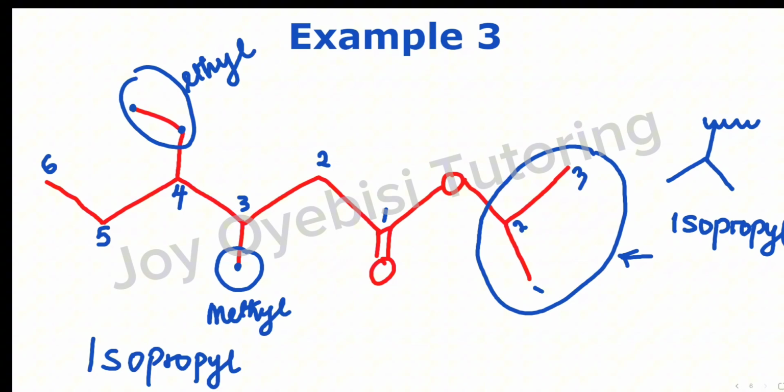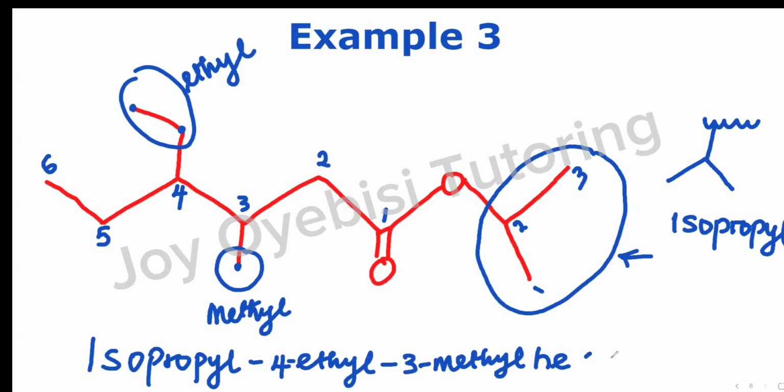Then back to these other branches, put a hyphen. You arrange them alphabetically this time. So E comes first. That will be 4-ethyl, 3-methyl, and then we have 6 as the longest continuous chain. That will be hexane without the E, and then you replace that E with oate, and that is it. So the name will be isopropyl 4-ethyl-3-methylhexanoate.